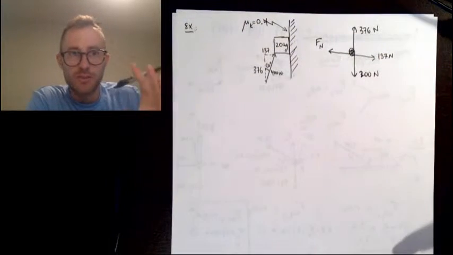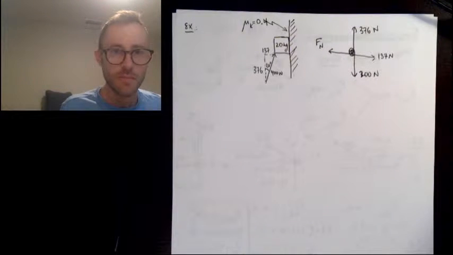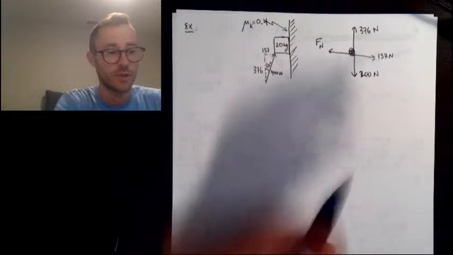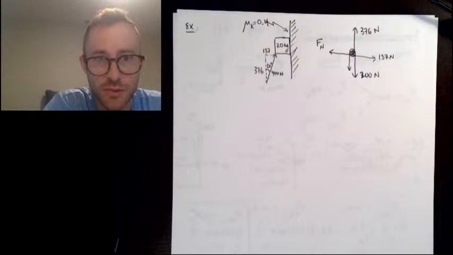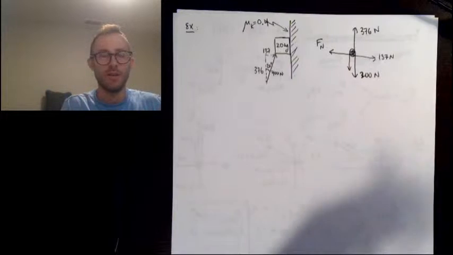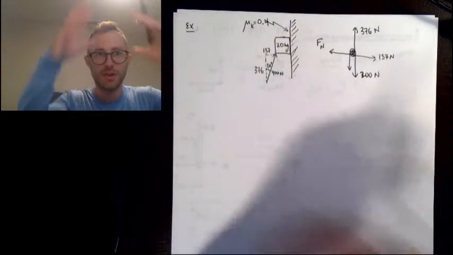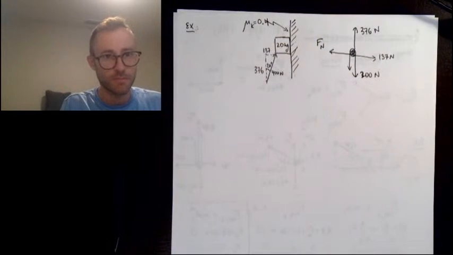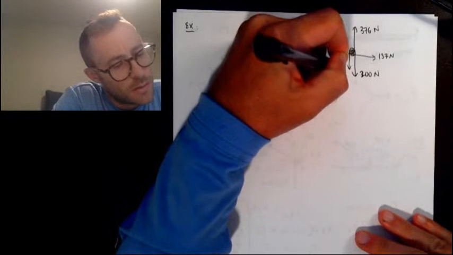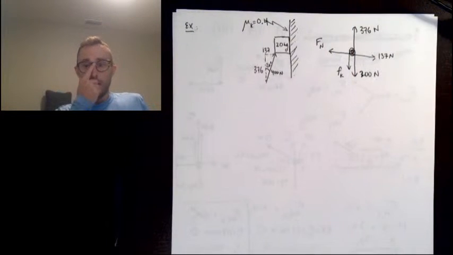So this box is going to slide up the wall. And consequently, friction is going to point down, because friction is an oppositional force. So if we found that the upward force was smaller than the downward force, the box would slide down, and we would put friction as pointed upward. Okay? So we have friction here. All right?